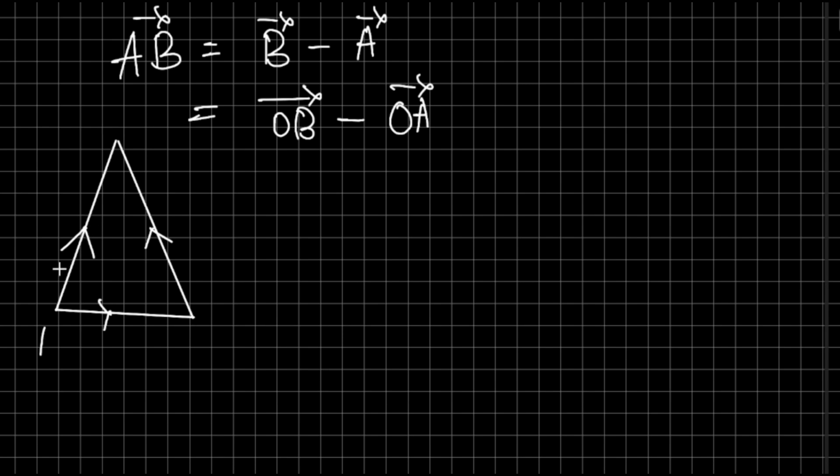Let's say this is O, A, B. If you look at the direction, OB is opposite. So OB is equal to minus BO. Okay, and then we have OA. So therefore, we can have that.